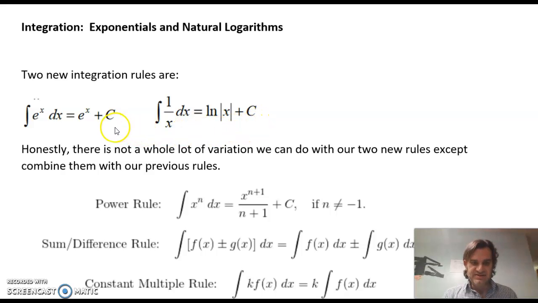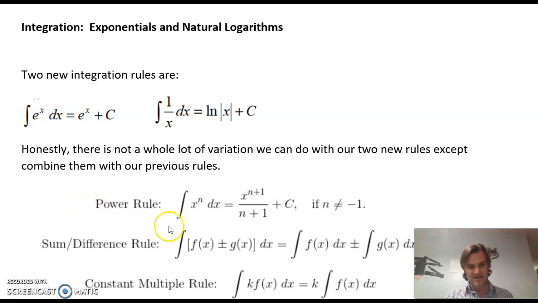Both of these have a plus c on them, remembering that anytime we take an antiderivative or an indefinite integral, we get that plus c because we don't know if there was a constant there or not. So these are pretty boring by themselves. And they're still going to be boring on this page, but just to spruce them up a little bit, let's remember some of the rules that we've already had.